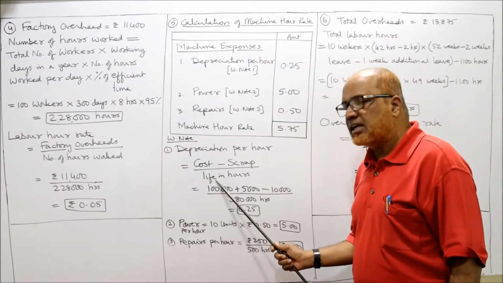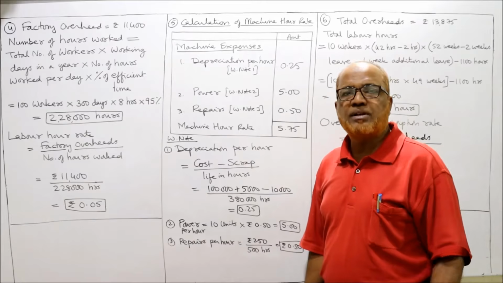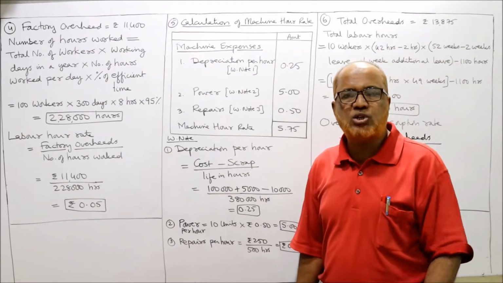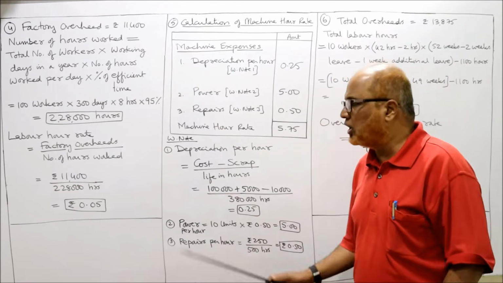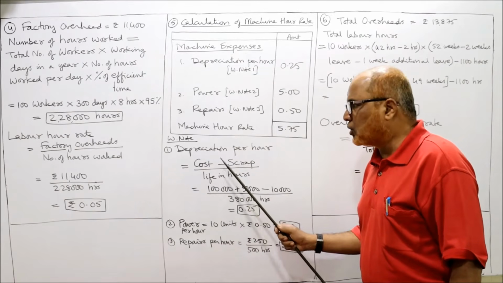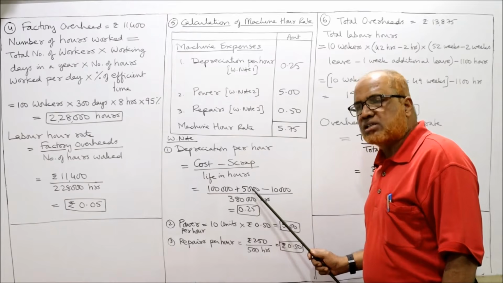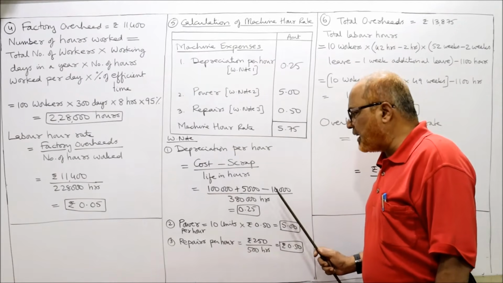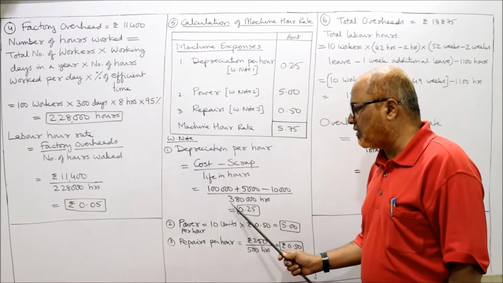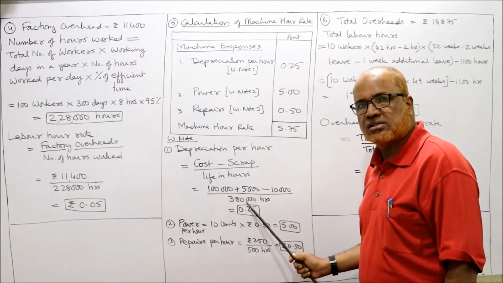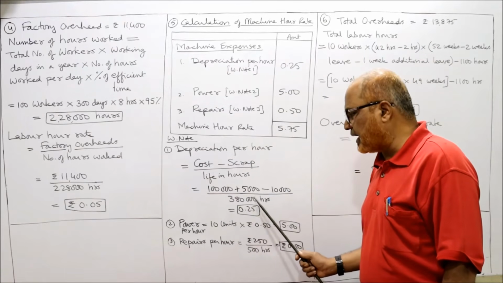If the denominator is life in years, depreciation will come for 1 year. We don't want 1 year, we want 1 hour. So the denominator is life in hours. Cost of the machine given 1 lakh, installation charges given in the problem 5,000, minus scrap 10,000, divided by 3,80,000, the machine hours life. Life of the machine is 3,80,000 hours.